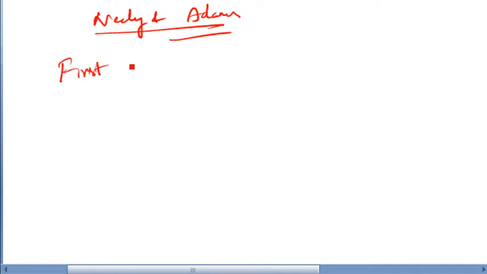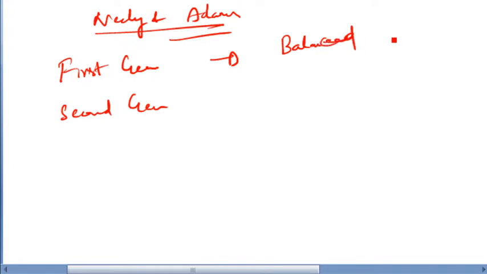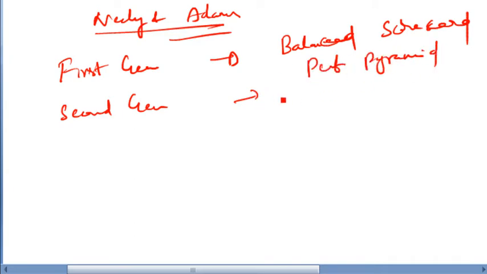There are first generation models and there is a second generation model. The first generation models are, as I told you already, balanced scorecard and performance pyramid, and the second generation model is performance prism.